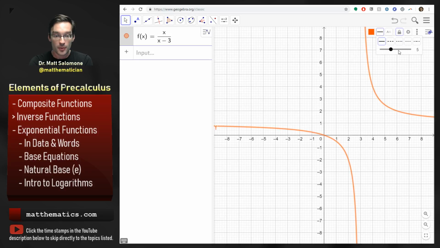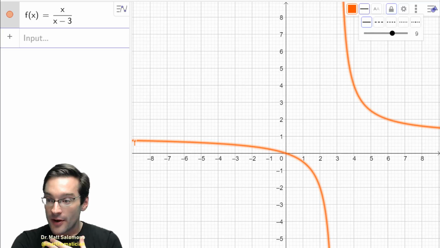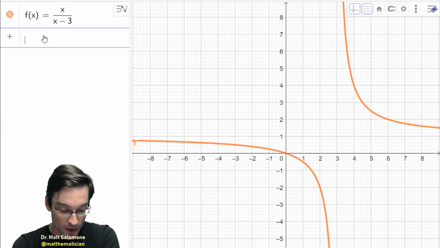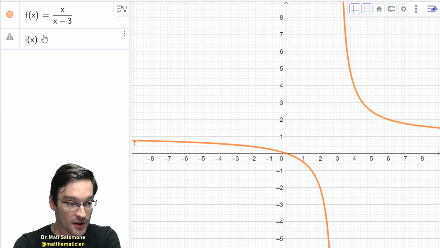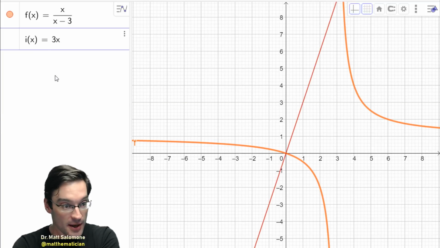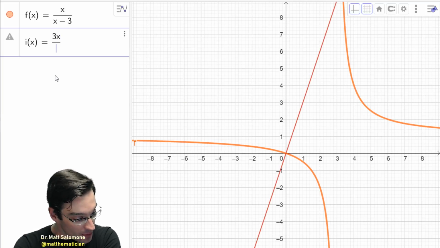Let me make it a little more legible on our screen. Here's f of x equals x over x minus 3. We discovered a formula for its inverse; let me call the inverse I of x. The formula was I of x equals 3x over x minus 1.